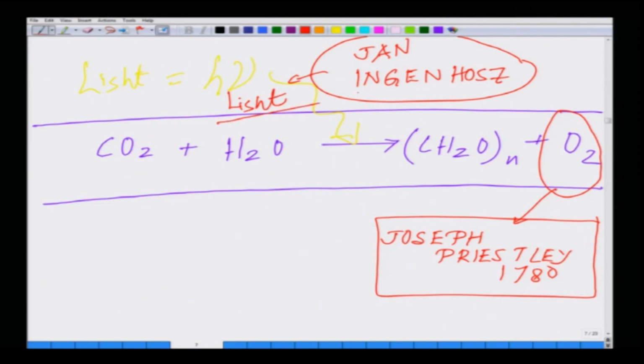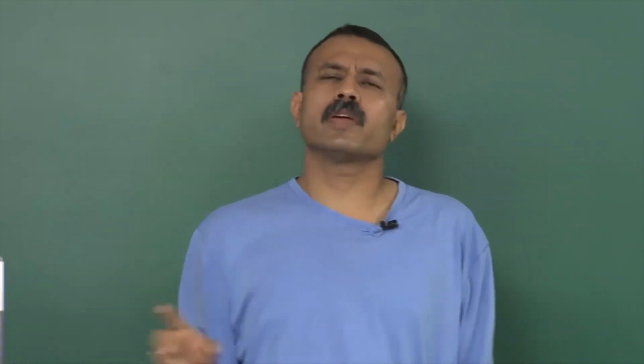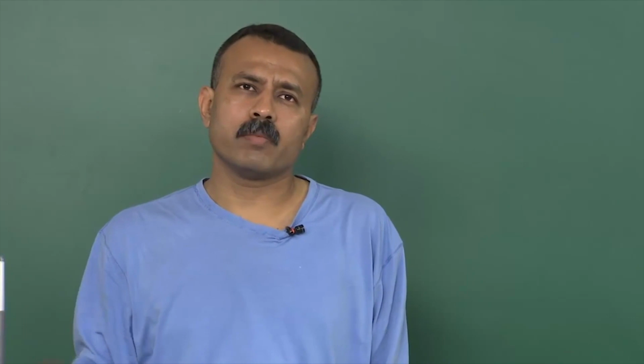Followed by this is the next discovery, of carbon dioxide. This process is regulated by carbon dioxide. Without carbon dioxide, it's unregulated. The essential component, or the reactant, of this whole machinery is carbon dioxide. This was discovered by another scientist called Jean Senebier.